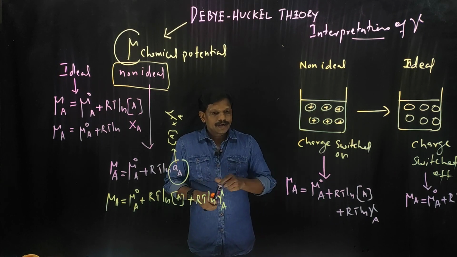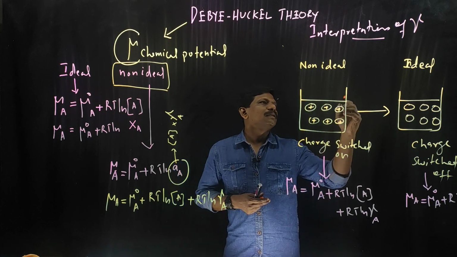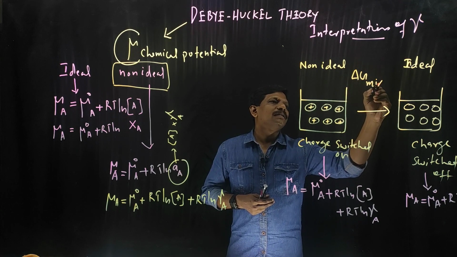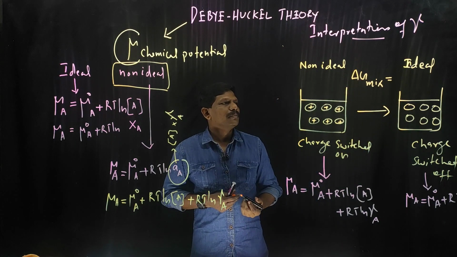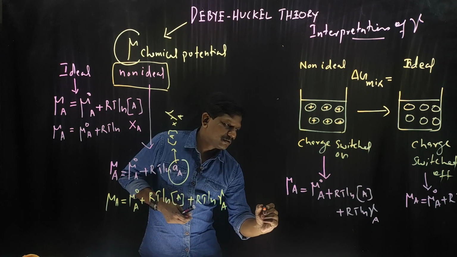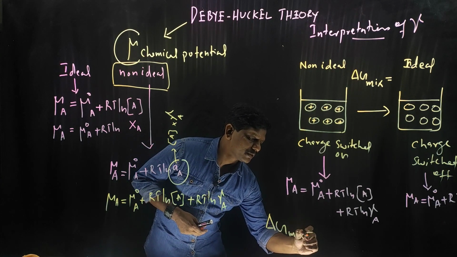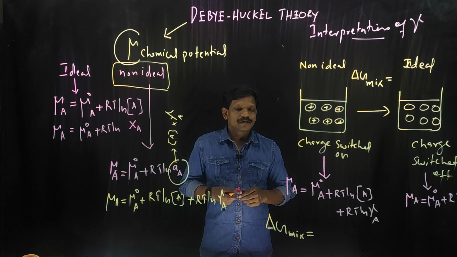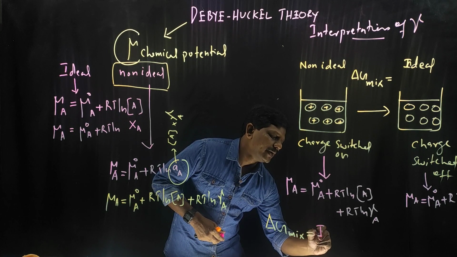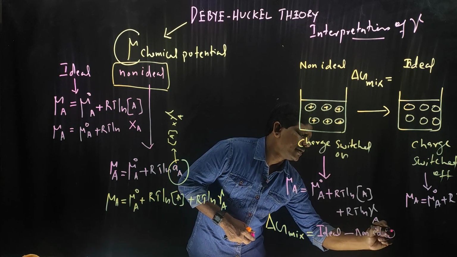Okay, so now I am considering the difference between these two. That is known as delta G mix. What is this delta G mix? Delta G is the free energy change, ideal minus non-ideal.